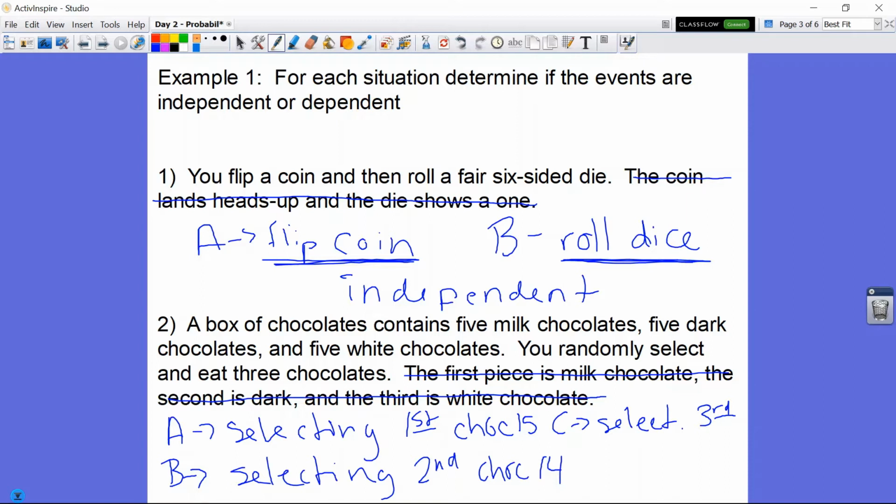Using the same reasoning, we only have 13 chocolates to choose from the third time, which means the probability of selecting any particular chocolate is going to be affected by what chocolate you picked the first time, because it's going to change our denominator when we're finding that probability value. This is going back to the idea of replacement versus no replacement. When we do not replace things, we are going to have dependent events because we're changing the total number of possible outcomes. So for this one, our events are dependent.